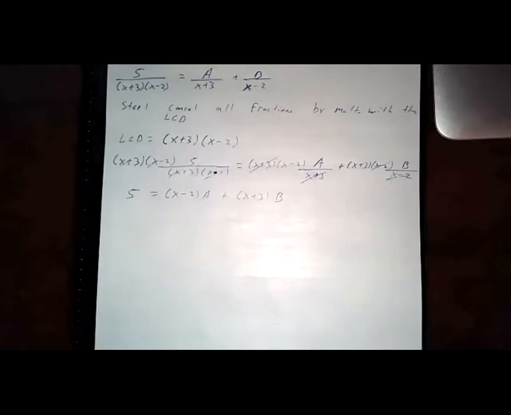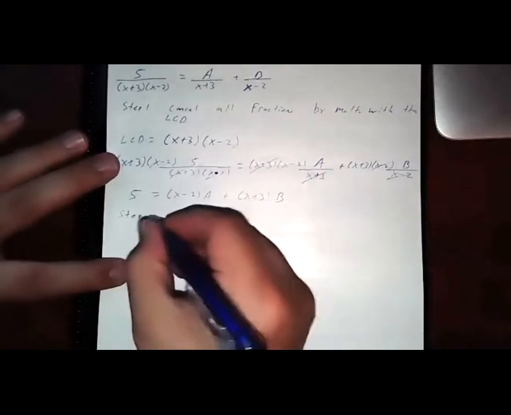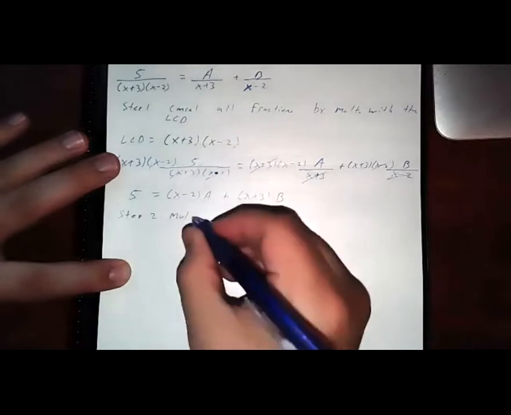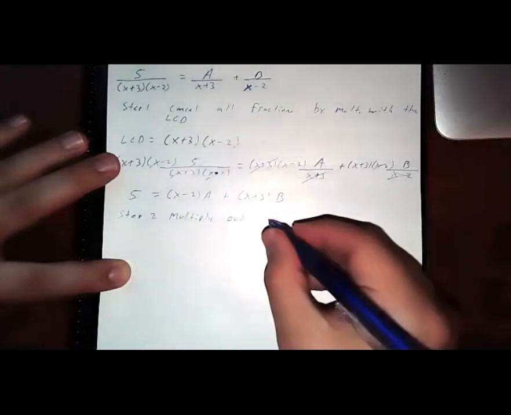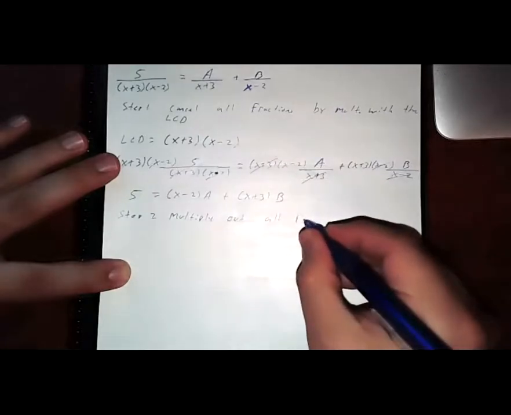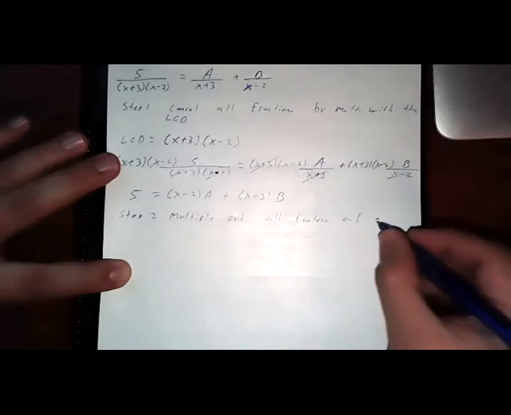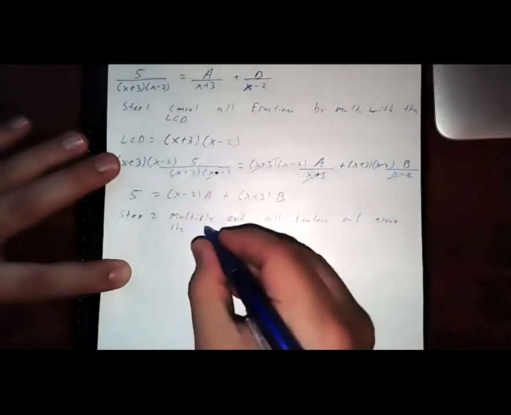Okay. So at this point, we do step 2, which is the equating the coefficients part. So multiply out all factors and group the like terms.